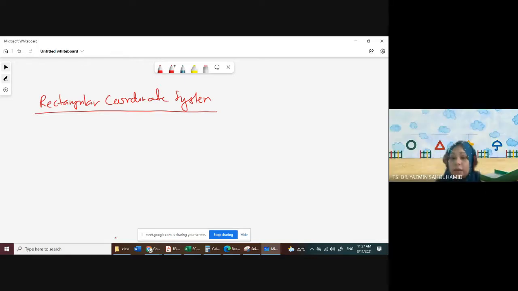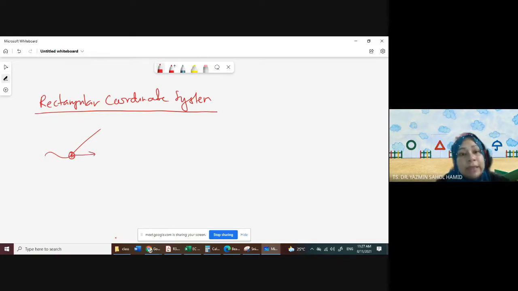Yes. Okay. So for the rectangular coordinate system, usually the particle will move, and then we need to resolve it in the XY coordinate system. When the particle moves, we resolve it in the XY coordinate system.